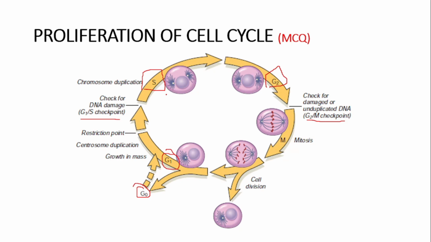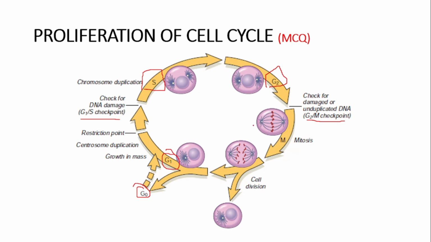Why? Because the G1/S checkpoint will ensure whether there is any damage in the DNA, whereas the G2/M checkpoint will ensure whether the replication was accurate or not, whether there was any DNA damage, or whether any unduplicated DNA is present at this point.